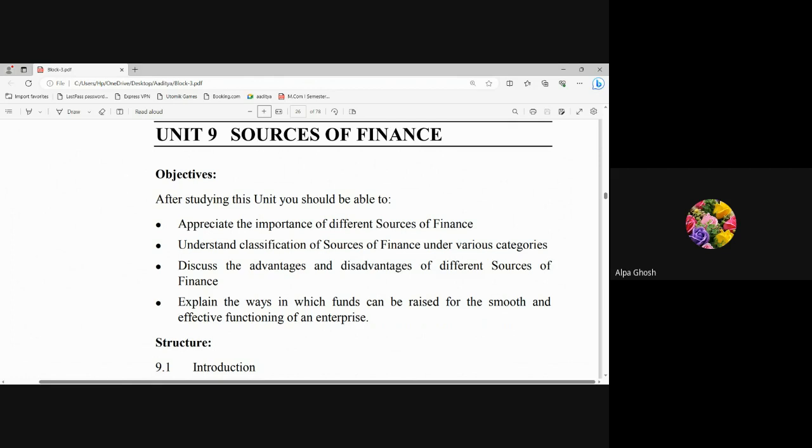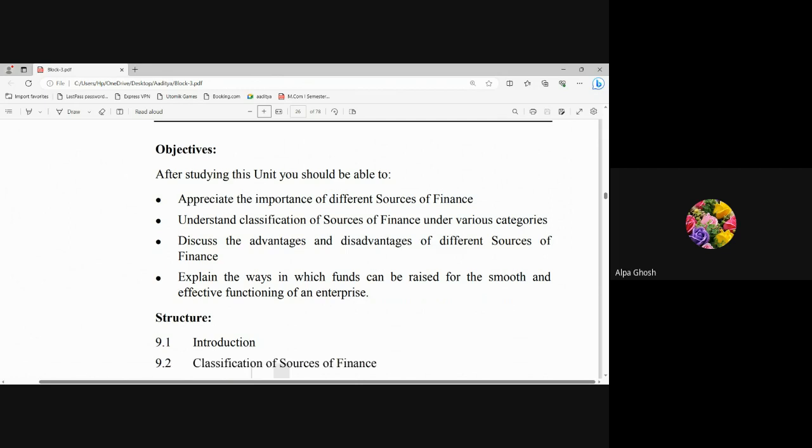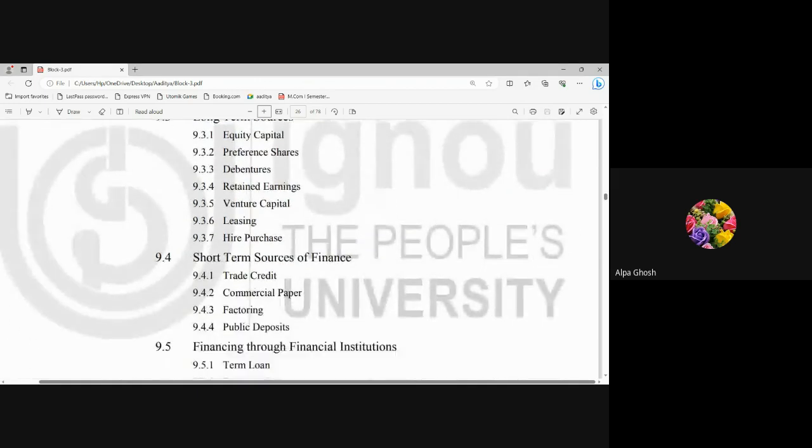The importance of sources of finance. Next, the advantages of different sources. And how these sources of finance are helpful.